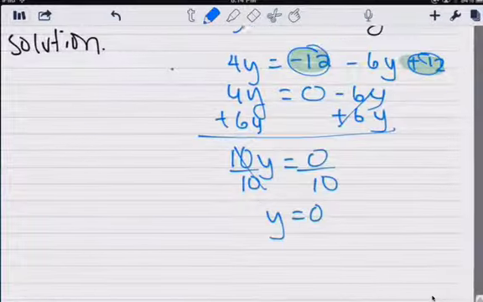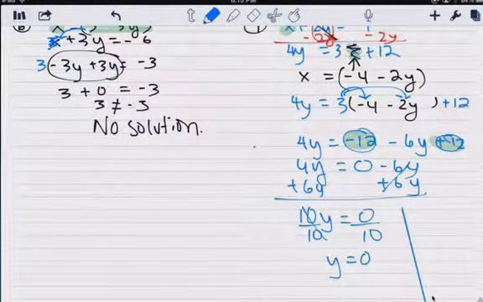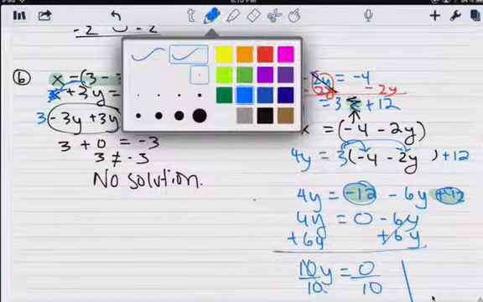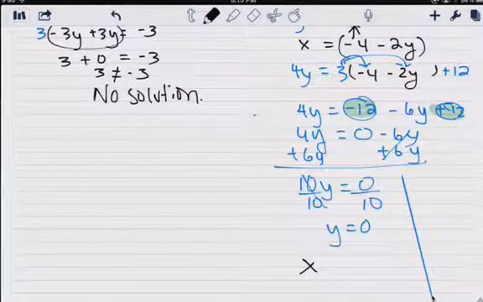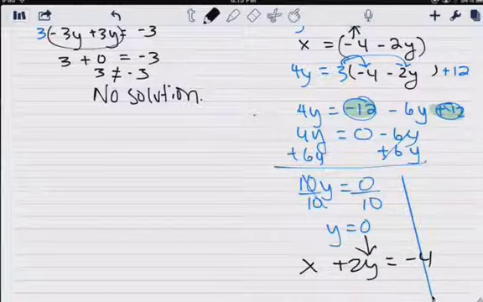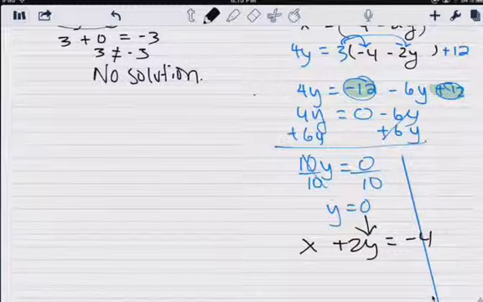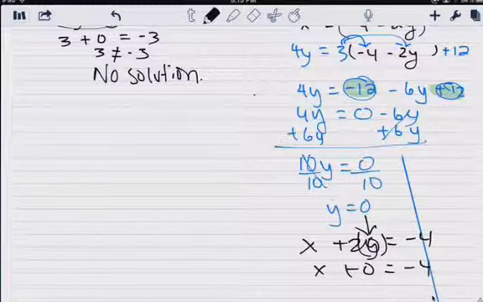If y equals 0, you substitute it in. I'm going to use the first one, x plus 2y equals negative 4. I'm going to substitute 0 here. 2 times 0 is 0. So x plus 0 equals negative 4.